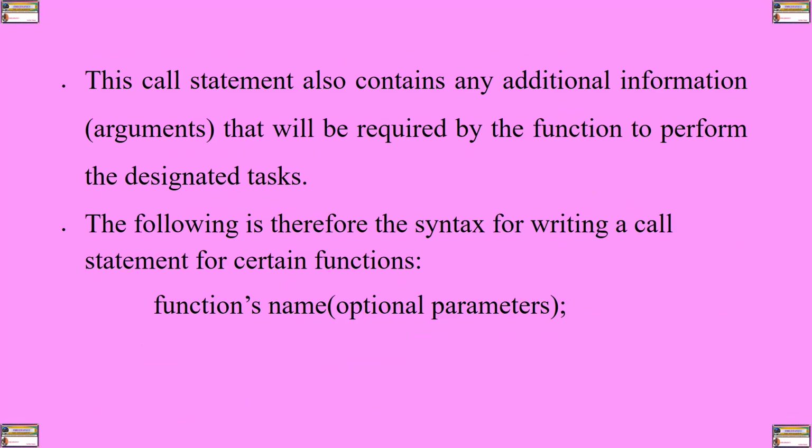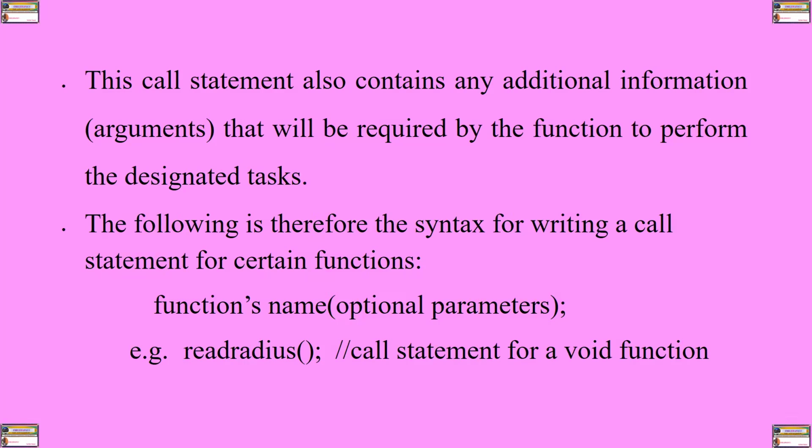The format is the function's name followed by optional parameters. Optional parameters simply means if you want to send certain values to the function, then you have to enclose those values in the parentheses as optional parameters. For example, if you want to invoke, or tell the processor to execute, the function called read radius, which is of data type void, meaning that it is not expected to return any value, then you just write the call statement as the name of the function.